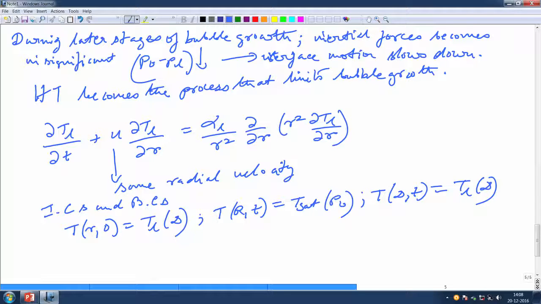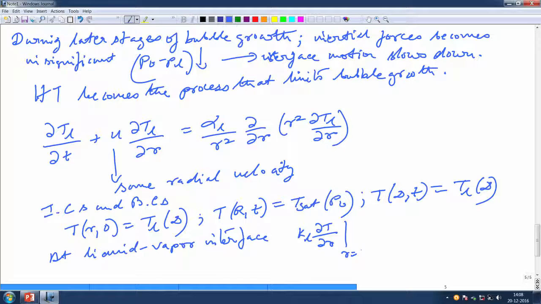So, these are the initial and the corresponding boundary conditions that you have. What happens is that at the liquid vapor interface, you should have this being obeyed, right.